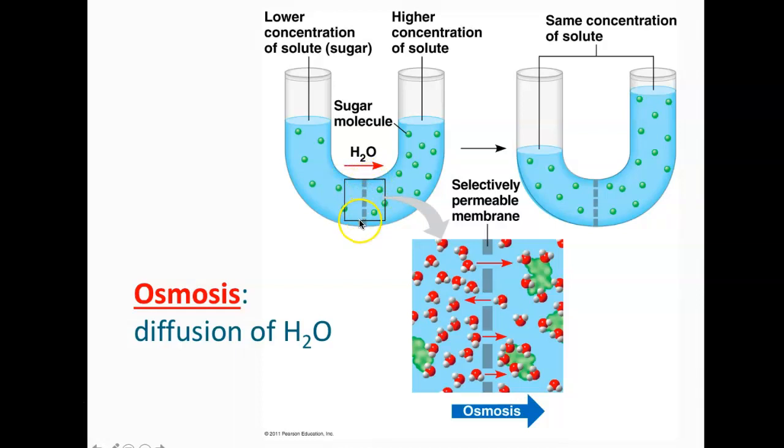Water can pass, but these sugar molecules can't. Naturally, the sugar would go to the left, right, to make it equal on both sides, but it can't. So water is going to move in order to establish equilibrium. And the equilibrium that is established here is equal concentration of sugar on both sides.